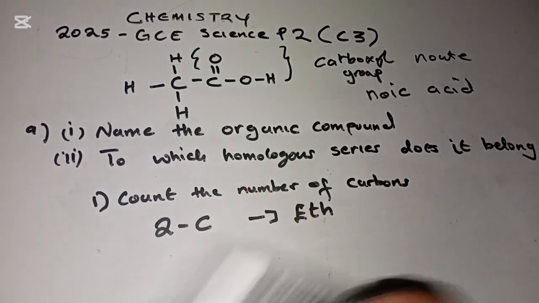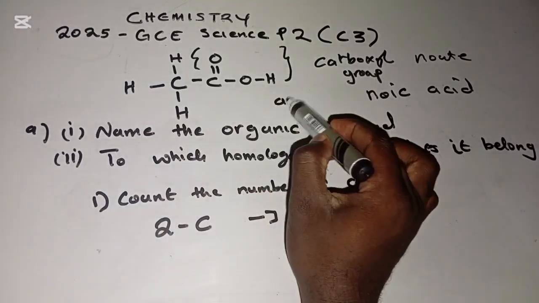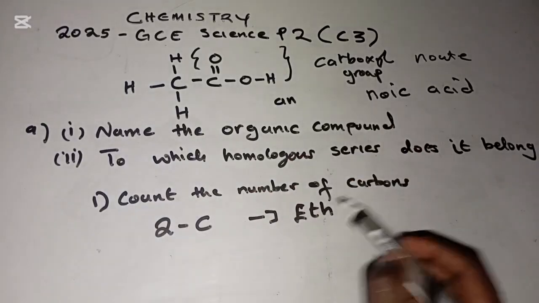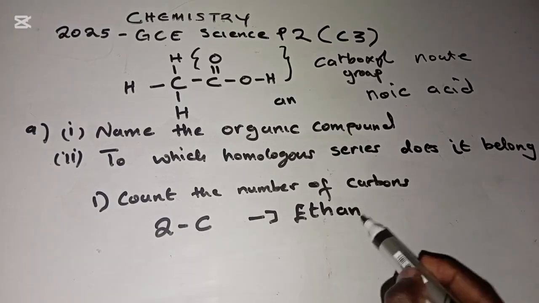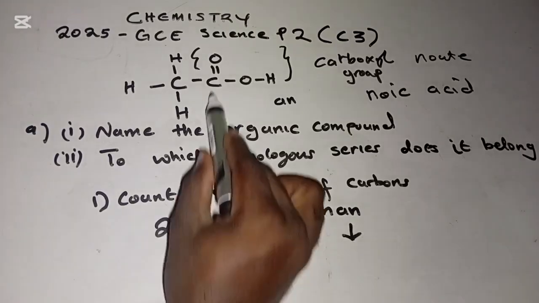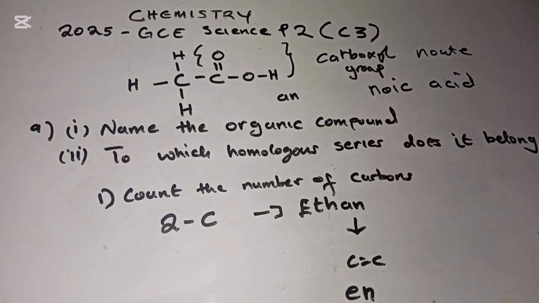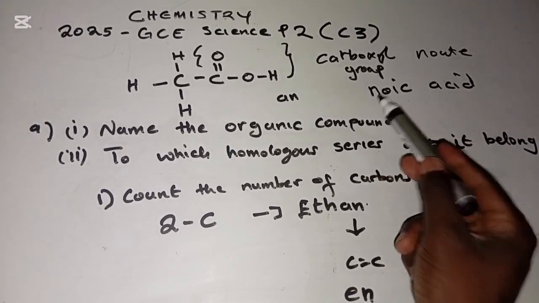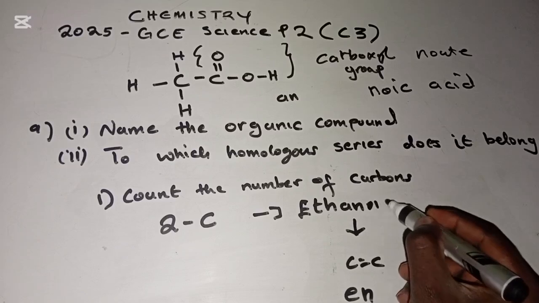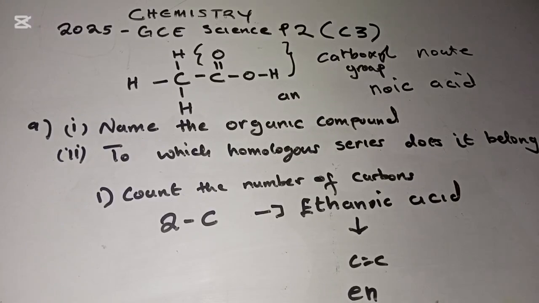You notice there's no double bond, so the middle is simply going to have an "an". Eth simply means two carbon atoms, and an means the carbon atoms don't have a double bond. If they had a double bond, we would have put en. And then you put the functional group, so oic acid. So this is ethanoic acid.